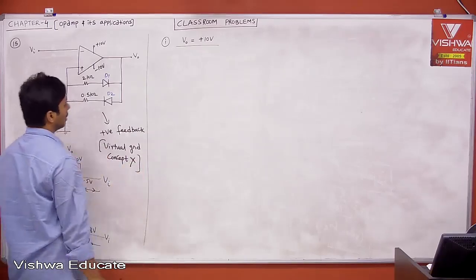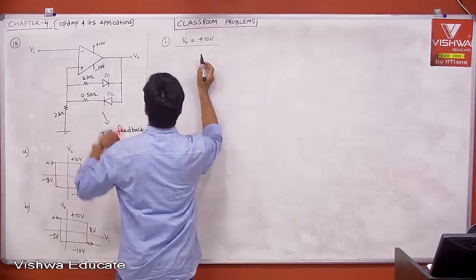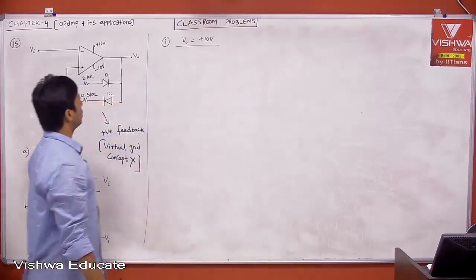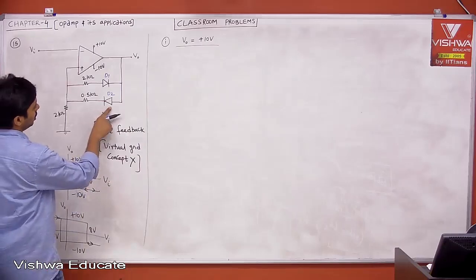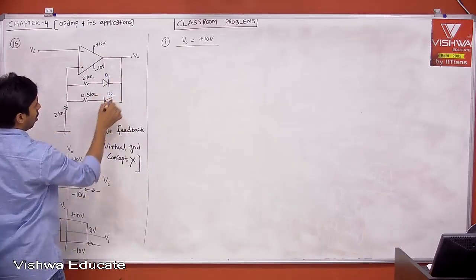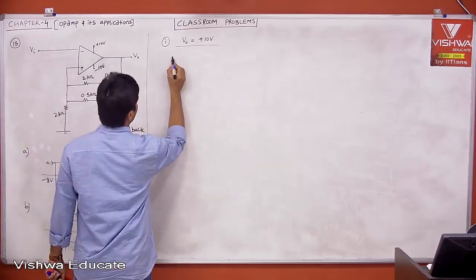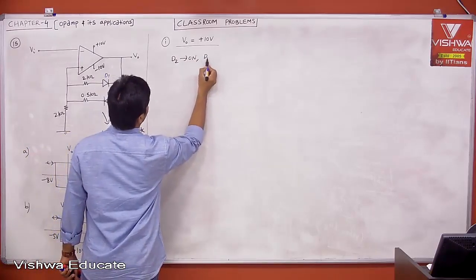Okay, that's fine. Now, when V0 is equal to plus 10, can I say your D2 is on and D1 is off, because this is plus 10. Then D2 is on, D1 is off. Therefore, D2 is on and D1 is off.